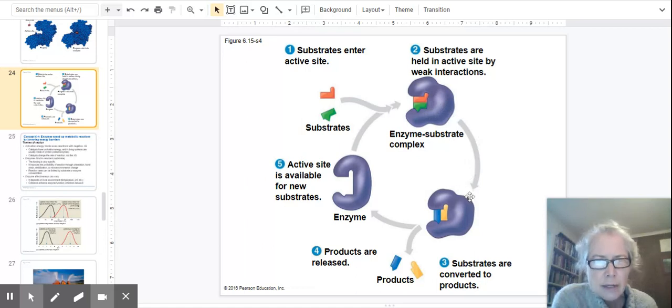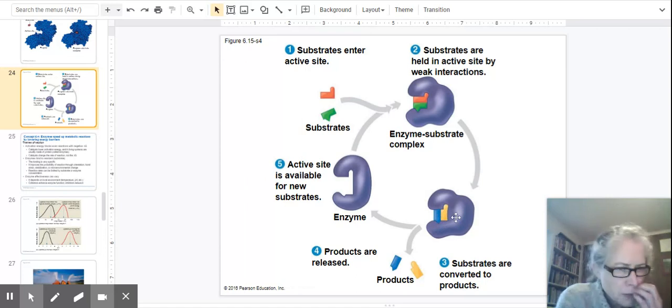There, they convert to products. Notice the shapes of the outlines haven't changed, but the arrangement of connections between the two, what were reactants and are now products, are there. This isn't always true. Sometimes the whole product changes shape altogether, and then it no longer fits in the enzyme.